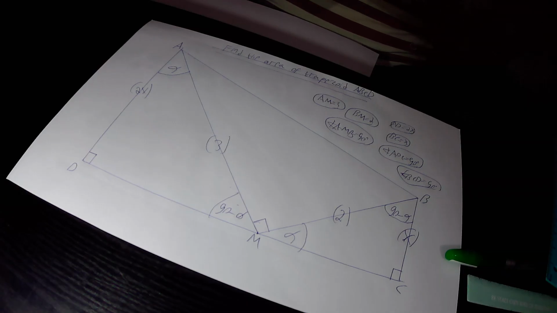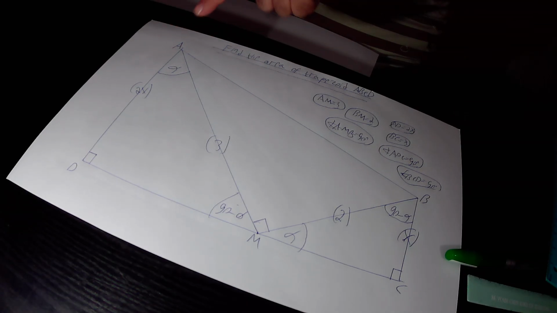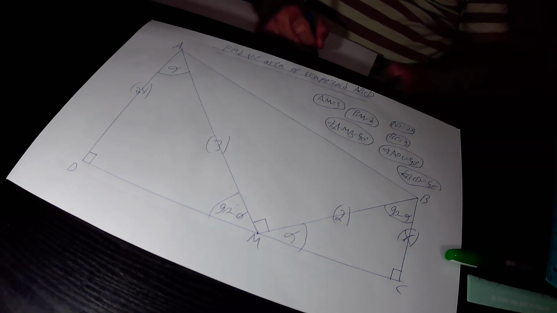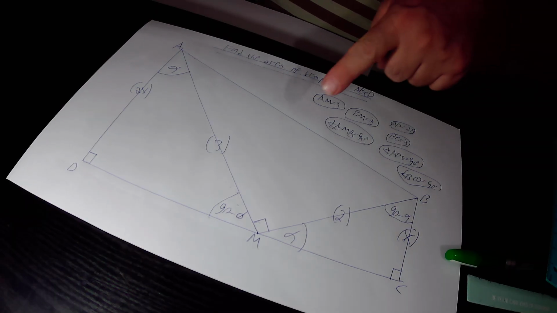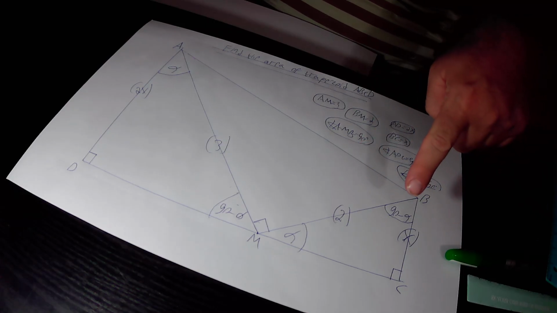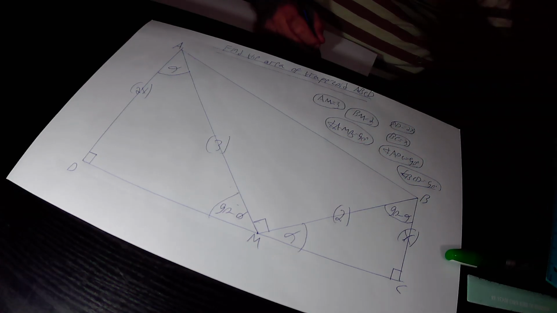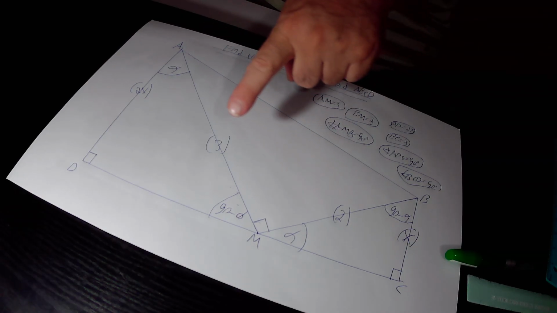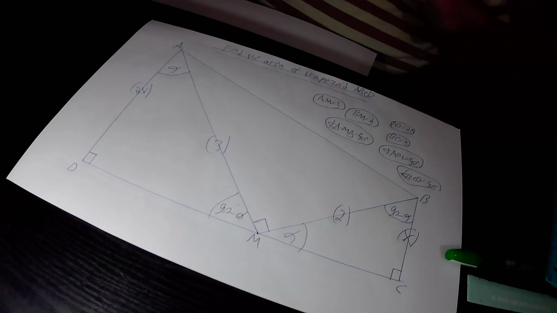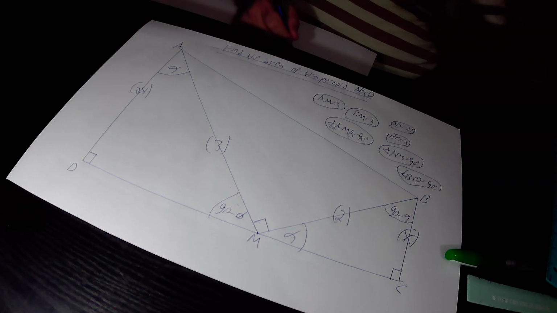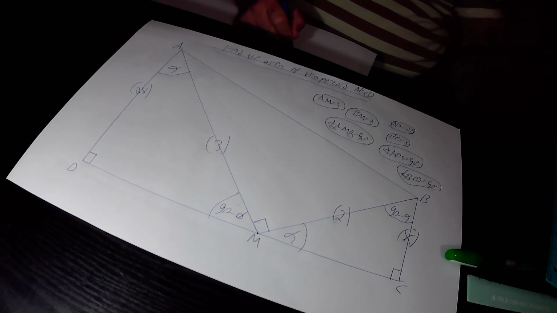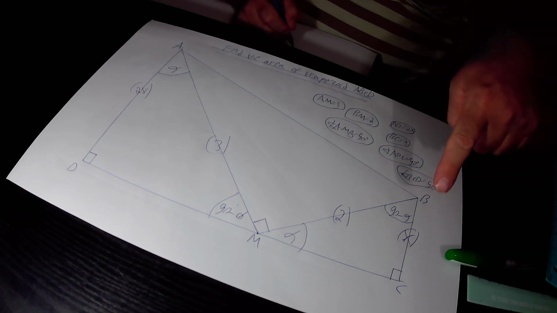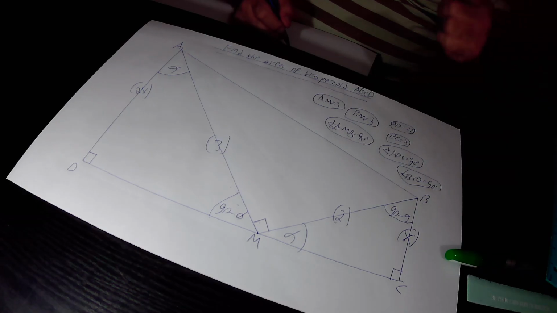We derive that side AD of this right big triangle ADM over side MC of this small right triangle MBC is equal to side DM of this right big triangle ADM over side BC of this right small triangle BCM.